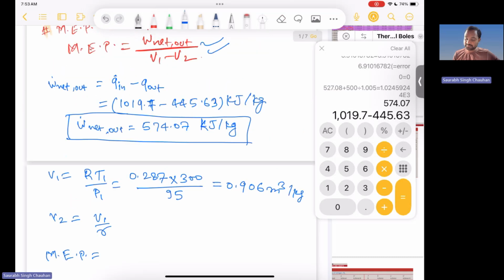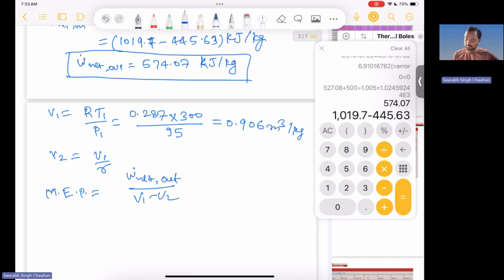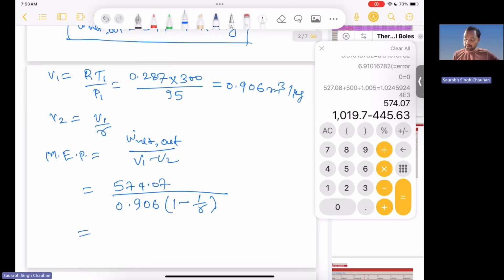So now you can substitute all these values for calculating the MEP, mean effective pressure. Mean effective pressure is net work output divided by V1 minus V2. Net work output is 574.07. V1 is 0.906 meter cube per kg, and V2 is V1 by R. And R, that is compression ratio, it is given in the question and it is 16.